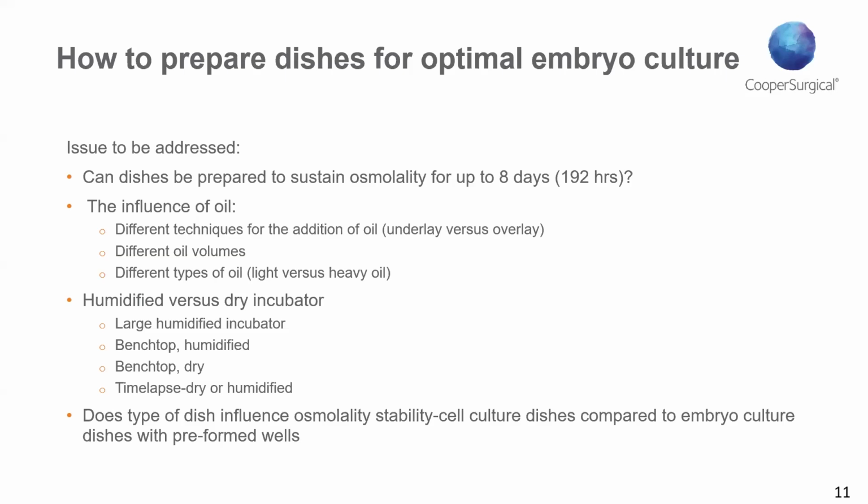They have some great advantages in terms of control, stability, but for evaporation, they provide a different environment that we need to be aware of and prepare our dishes accordingly. And then we need to think about the type of dish that we use. And right at the very end of this talk, you'll see what effect preformed wells might have on the potential for evaporation in the dish.